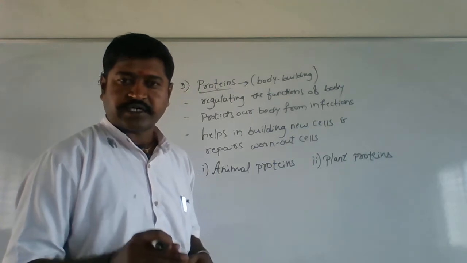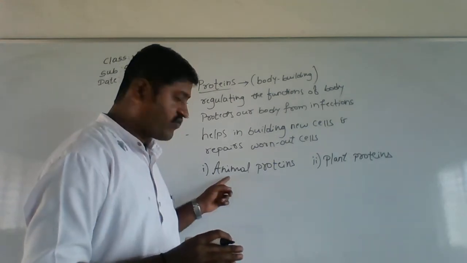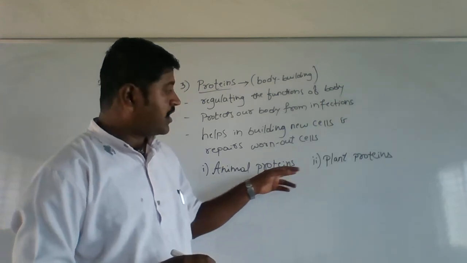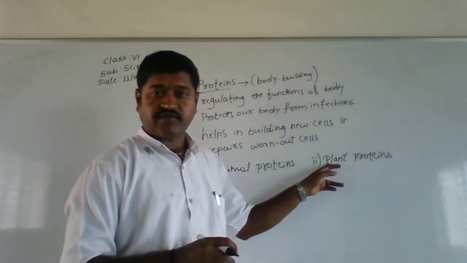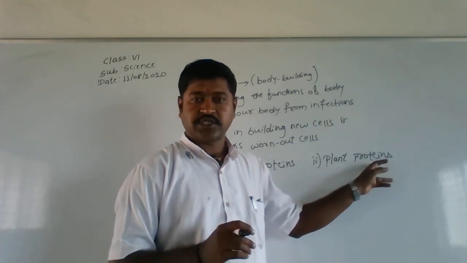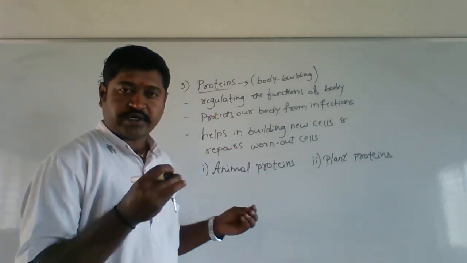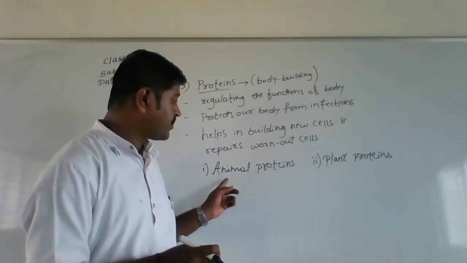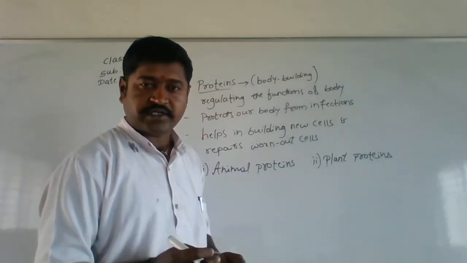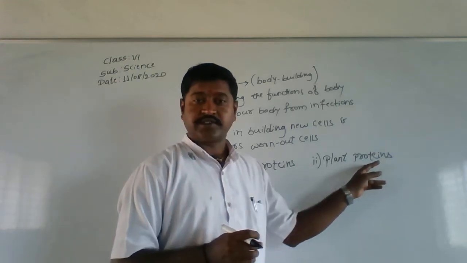So the proteins that are obtained from animals are said to be animal proteins, and proteins which are obtained from plant products are said to be plant proteins. Is this clear? The proteins that you get from animal products are animal proteins and the proteins that we get from plant products are plant proteins.